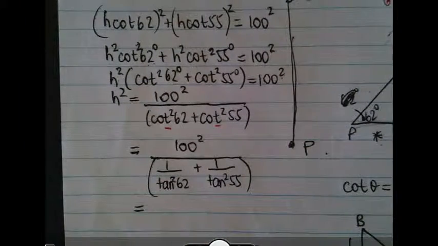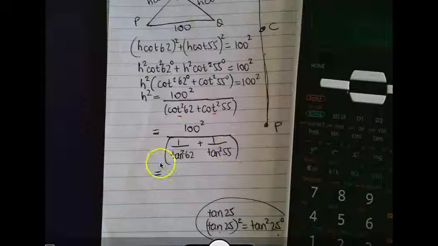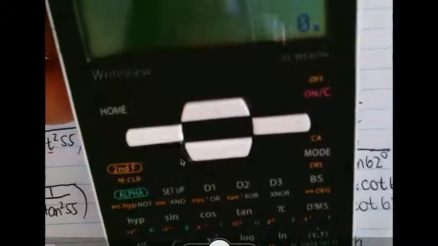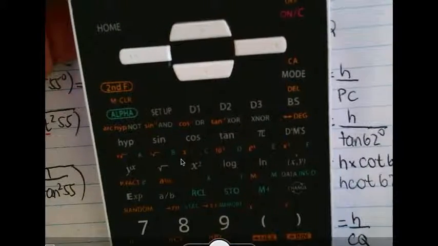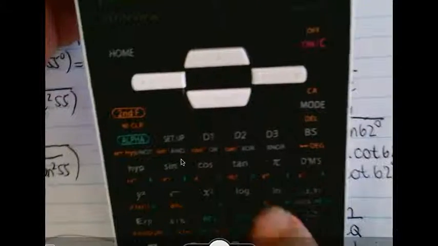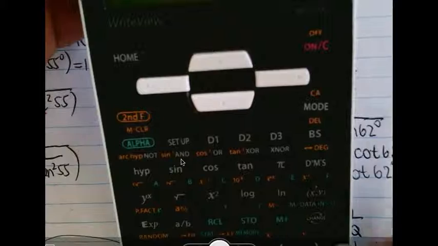You can enter it like that. Let's just see how we're going to do it on the calc. 1 over tan of 62 squared. Where's your fraction button? 1 fraction, tan 62.